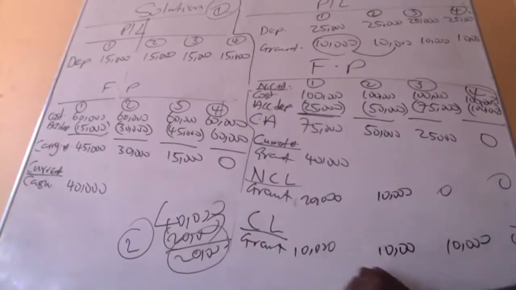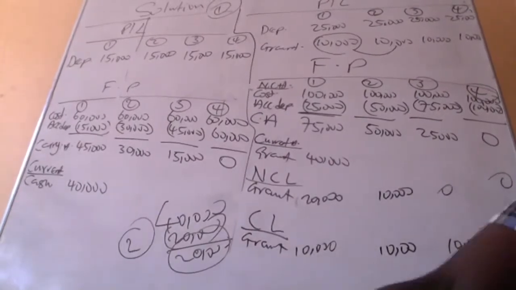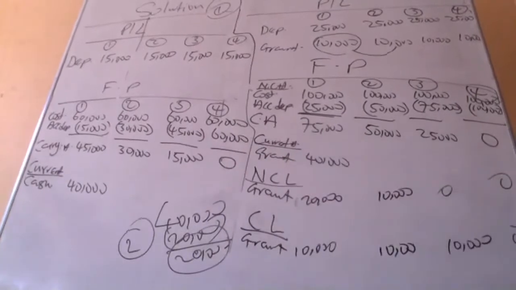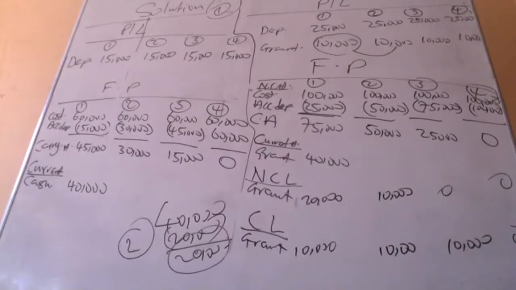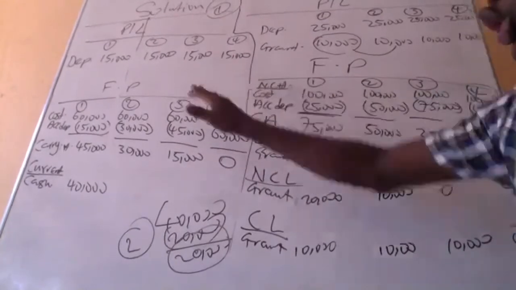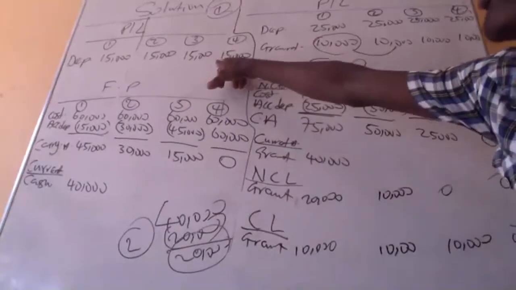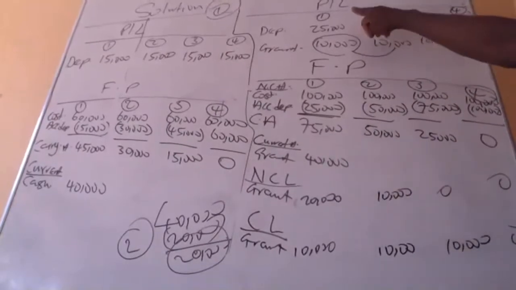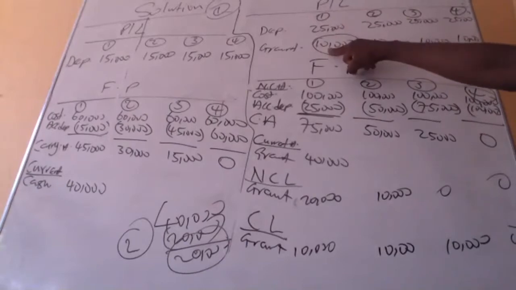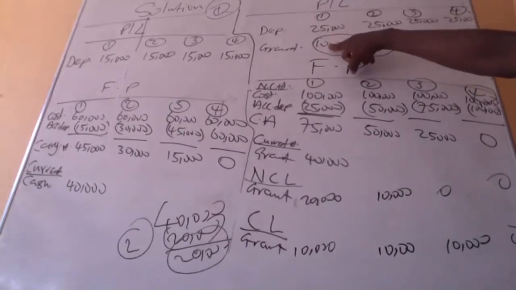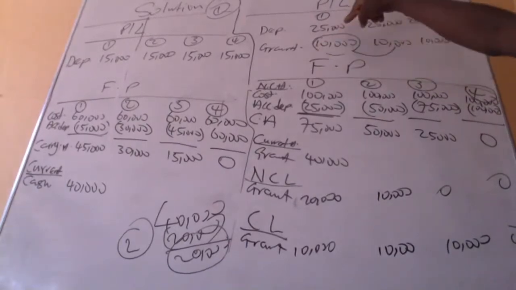Okay, so this is the accounting treatment. We are saying that whatever you do, the answer is the same. The net position is the same. Let's start with the income statement. When we use the deductive approach, we had a depreciation of 15,000. But when we use the deferred income approach, depreciation is 25 and grant is 10. So the net depreciation was 15, because this one is an income and this is an expense.